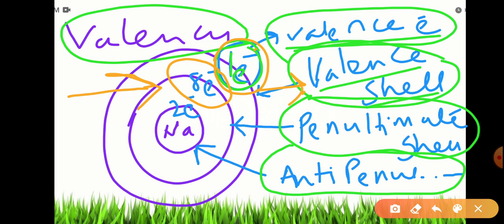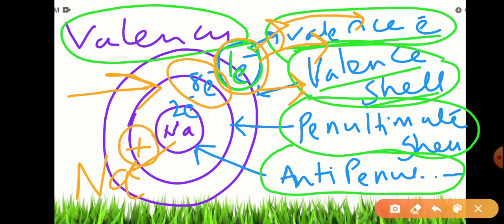One electron from the valence shell goes to some other element, and it gets converted into Na plus. What is this Na plus? Na plus is a cation. So sodium becomes a cation and donates one electron. So the valency of sodium is 1.